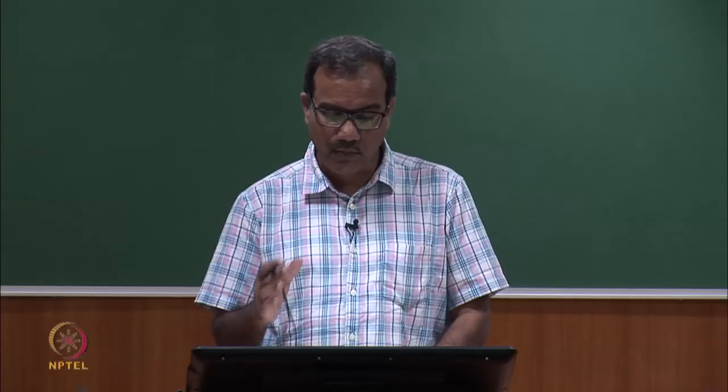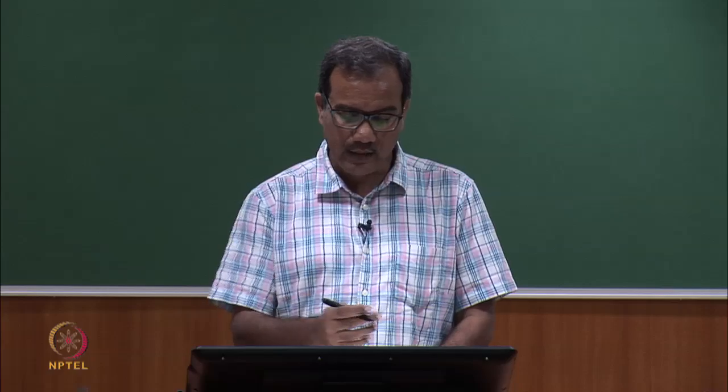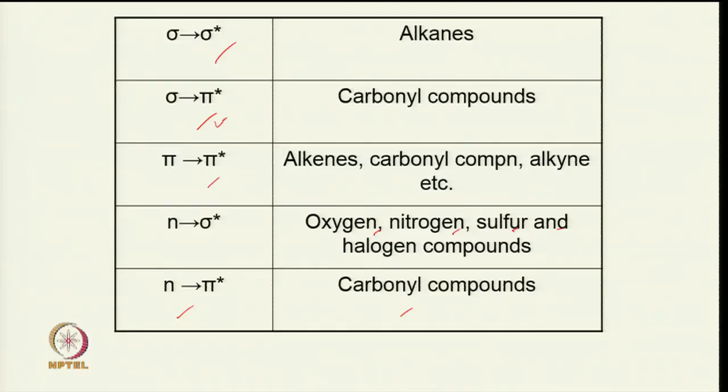So, in carbonyl compounds there are 3 different kinds of transitions: sigma to pi star, pi to pi star and n to pi star, whereas alkenes and alkynes have pi to pi star transition.